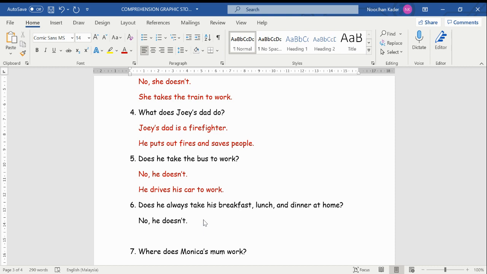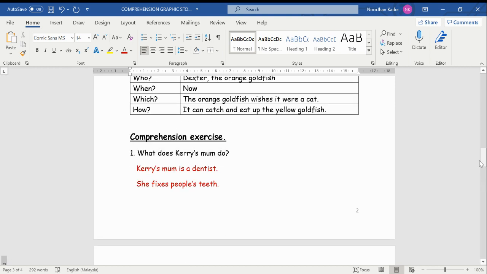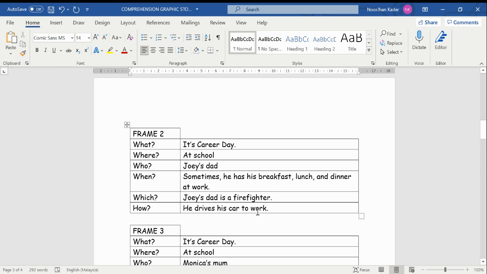Sometimes we have to start with the subject. You see here it's given: sometimes he has breakfast, lunch, and dinner at work. But I purposely put the "sometimes" in front because I want to state the frequency, because the question asks when.